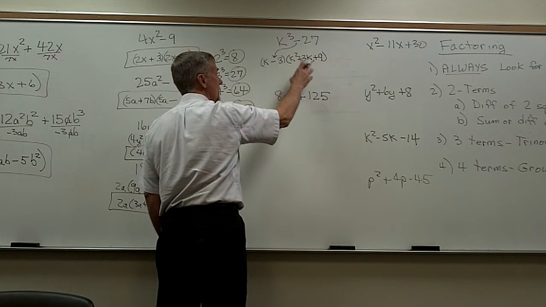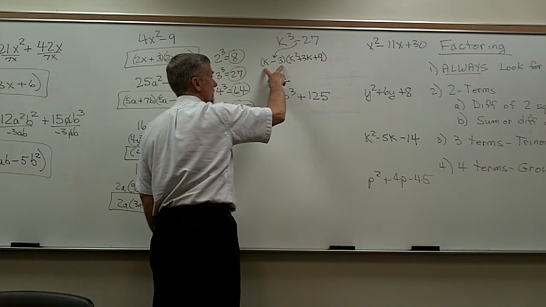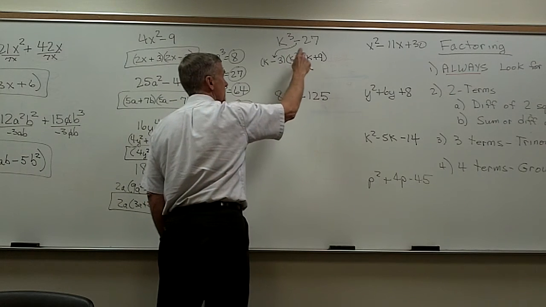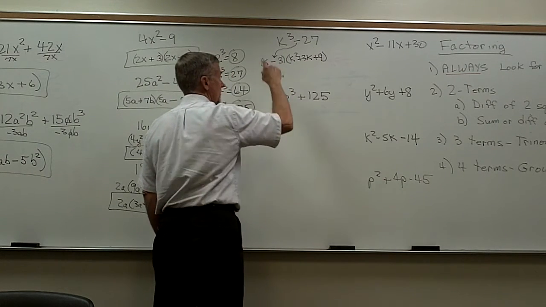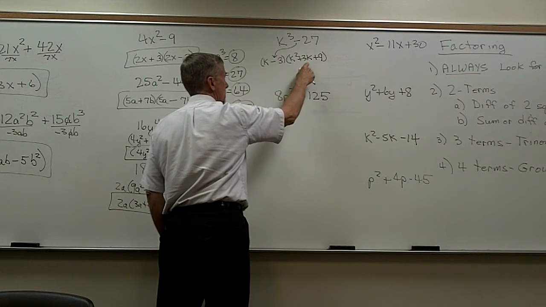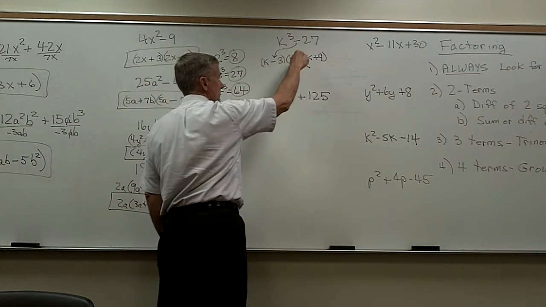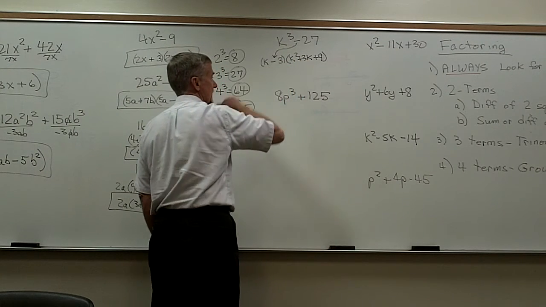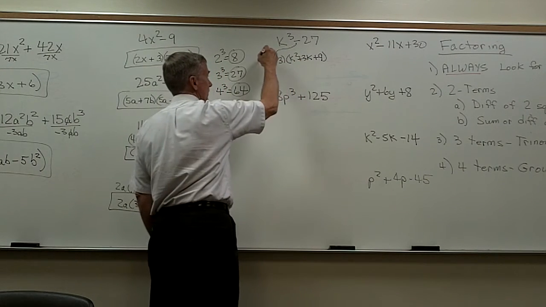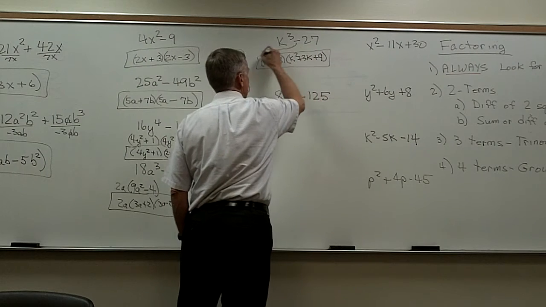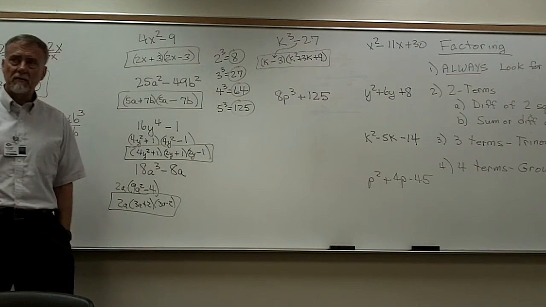The trinomial always comes from taking those 2 numbers and square, multiply, square. Square the first one, multiply the 2 together, square the second. And the sign here will always be the opposite of the sign there. So that is the result of factoring the difference of 2 cubes.